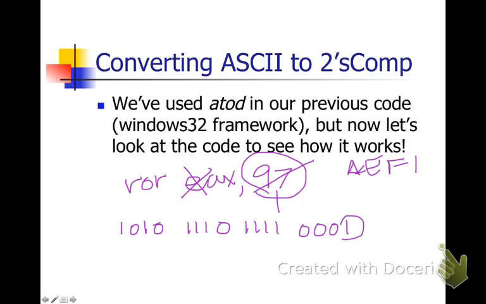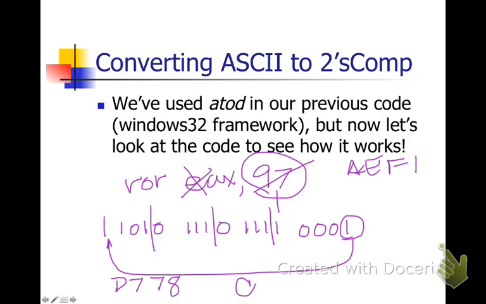So this 1 bit is going to rotate to the right, which means it's going to go right here. And my result will be D778. The carry flag will be 1.